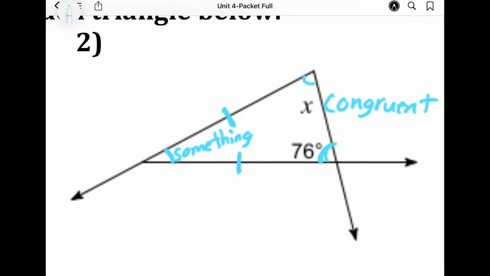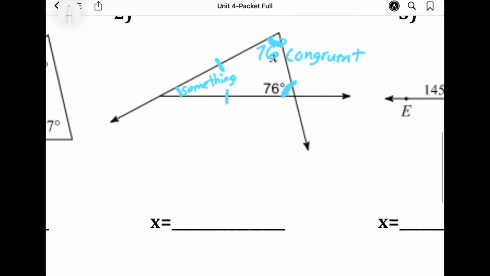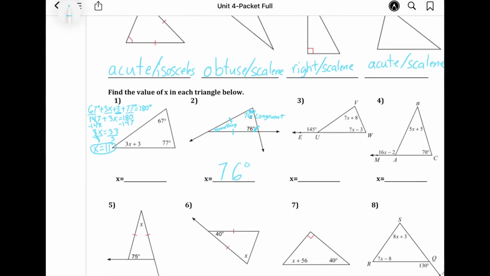So if this angle down here is 76, that means the other angle has to be 76.